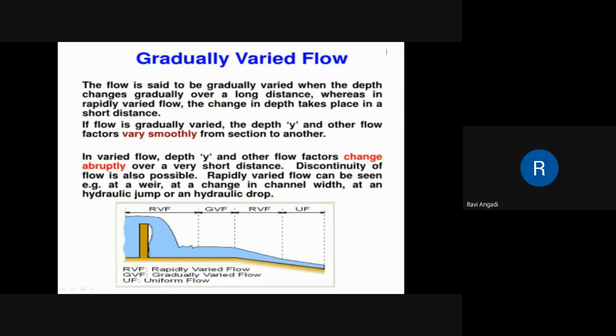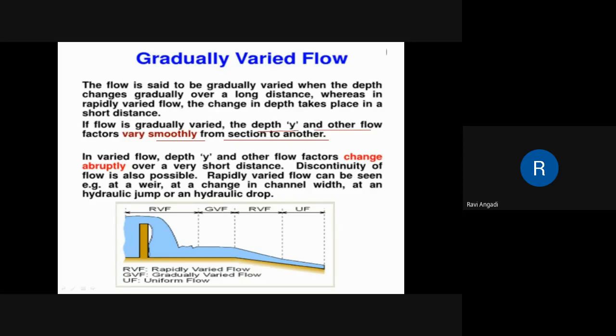That is, a flow is said to be gradually varied when the depth changes gradually over a long distance, whereas in rapidly varied flow, the change in depth takes place in a very short distance. And if flow is gradually varied, the depth y and other flow factors vary smoothly from one section to another section. In rapidly varied flow, the depth y and other flow factors change abruptly or suddenly over a very short distance, and we can notice the discontinuity of flow.